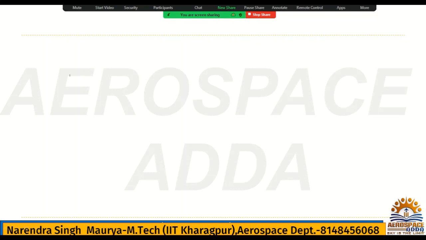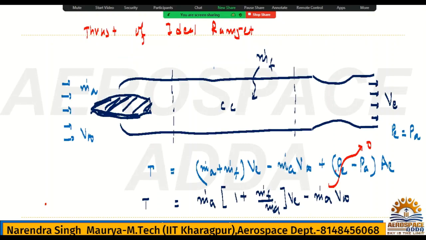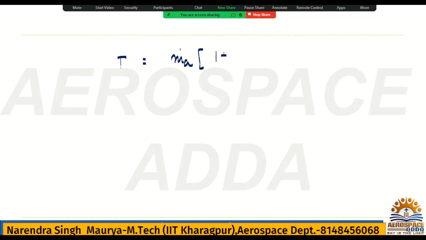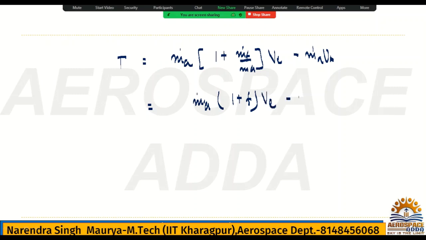If you solve this, thrust is equal to m dot a (1 plus m dot f by m dot a) VE minus V infinity. m dot f by m dot a is nothing but mass of fuel divided by mass of air. Let me write once. So you can write m dot a (1 plus f), where small f is the fuel air ratio, (VE minus V infinity). This is the thrust.